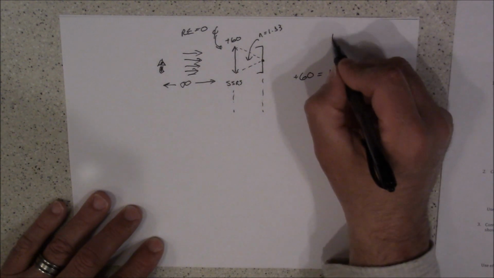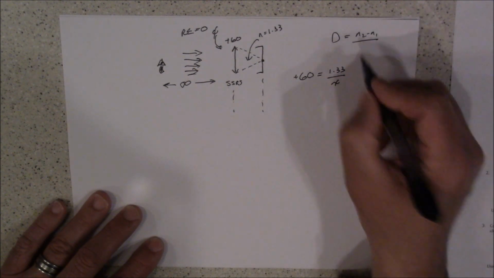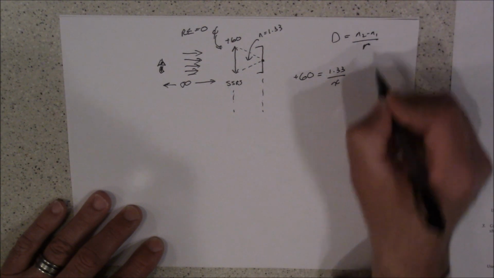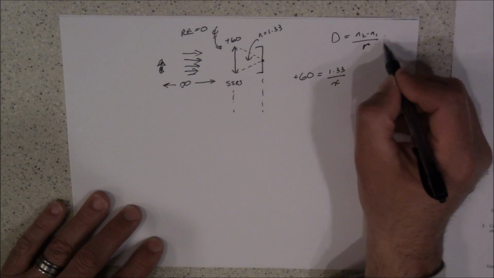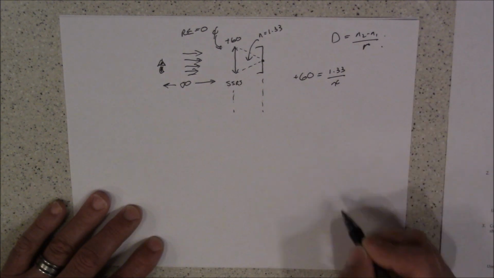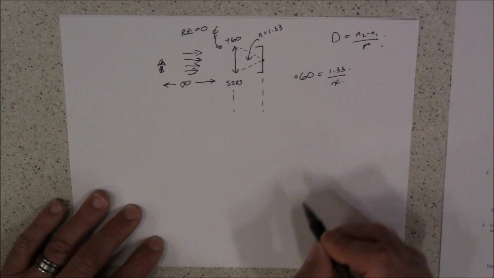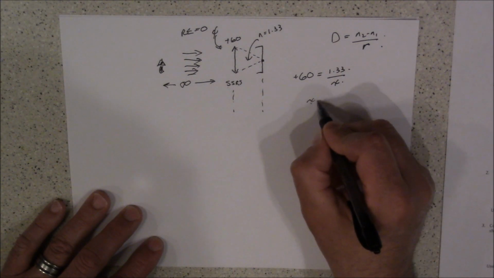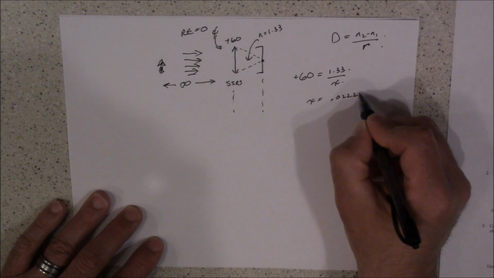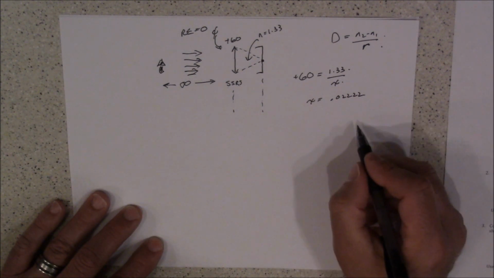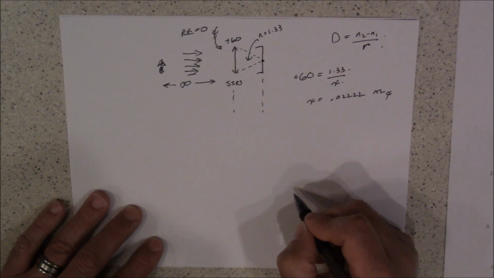Remember, the dioptric power is the juxtaposition of the two indices of refraction divided by its radius of curvature. So index of refraction on top and linear value on the bottom. If I solve for the x, that comes out to be 22.22 millimeters.